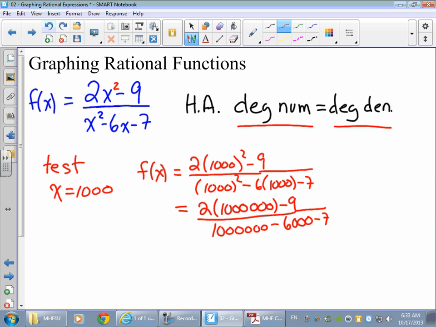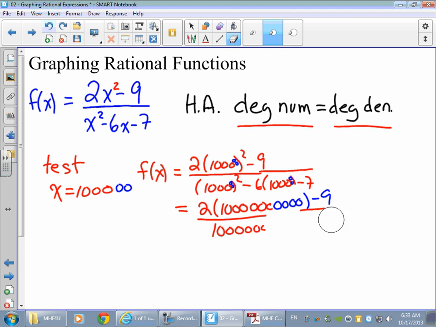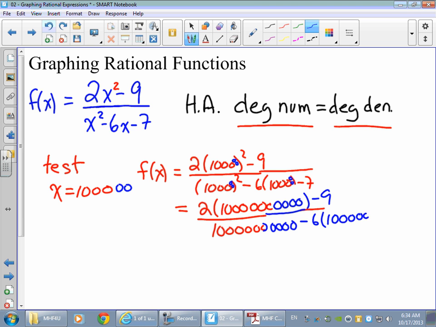Following the same logic as last time, as I add more zeros in here, and more zeros in here, this number gets significantly bigger. The 9 doesn't change at all. This number down here gets significantly bigger. The next one gets a little bit bigger.